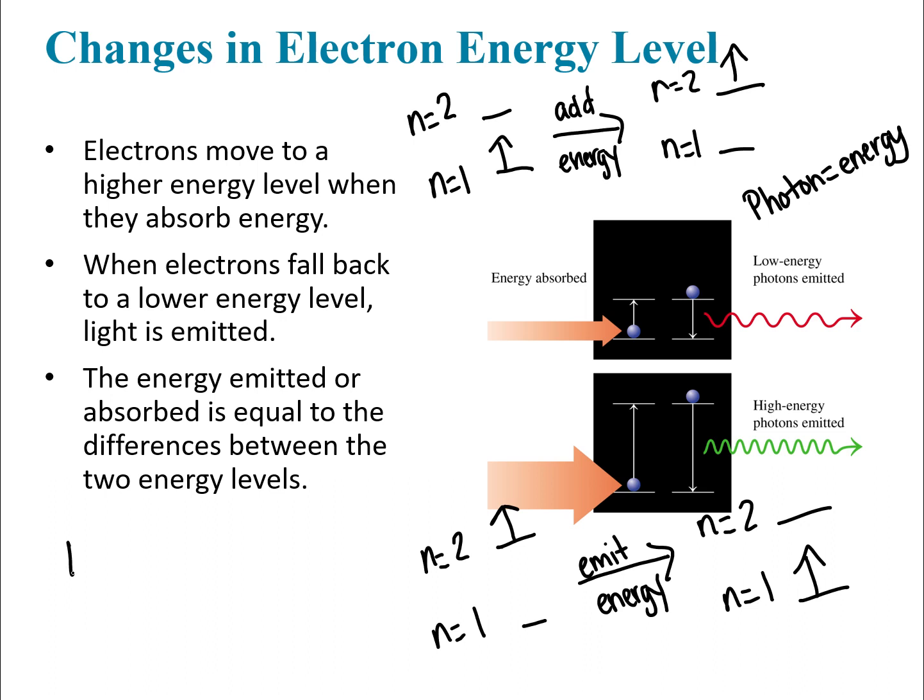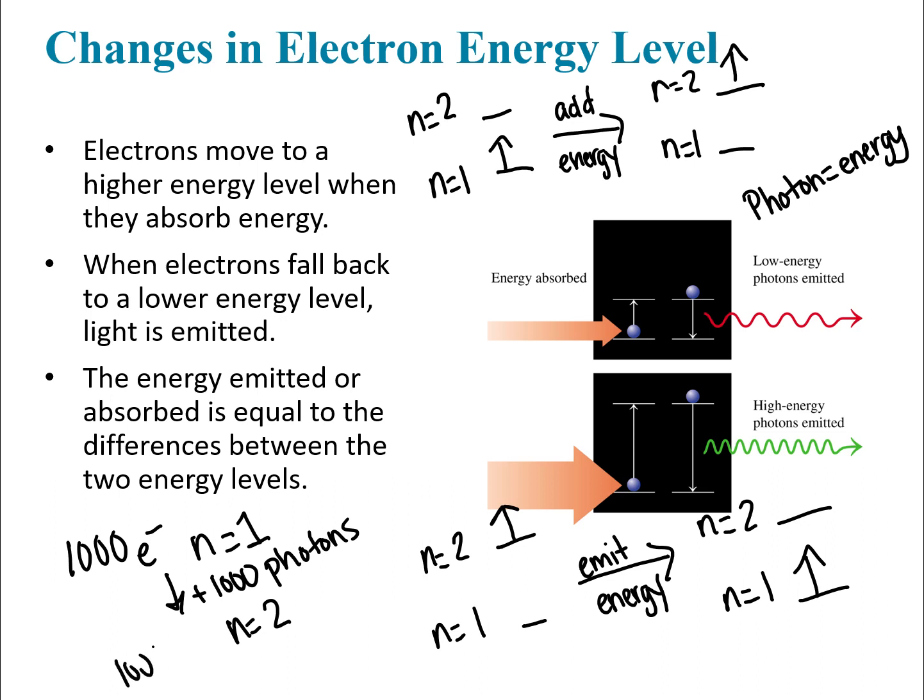So if you have 1,000 electrons and they're all in n equals 1, if you want them all to go to n equals 2, then you need to add 1,000 photons of the correct energy to move all of those electrons up one energy level.